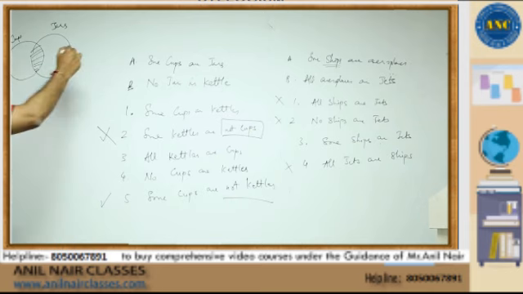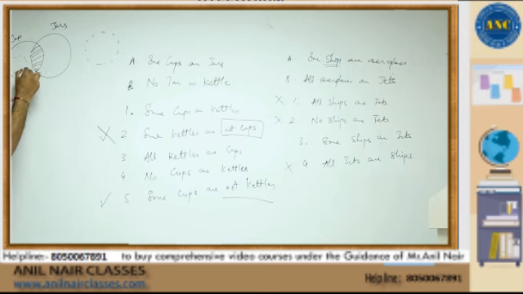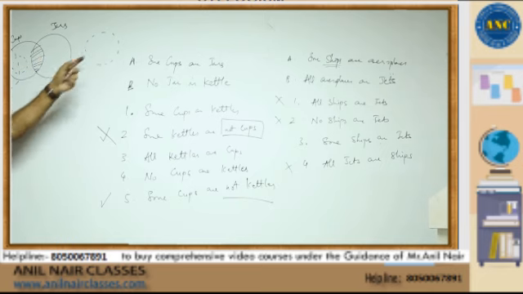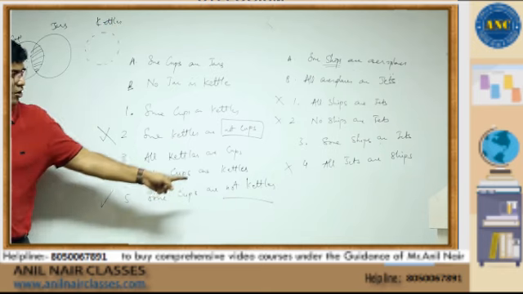So that kettle could be here, and it can be within cups also. It could be here also. In any case, I know that there are some cups that are not kettles. Some cups are not jars, sorry, kettles.